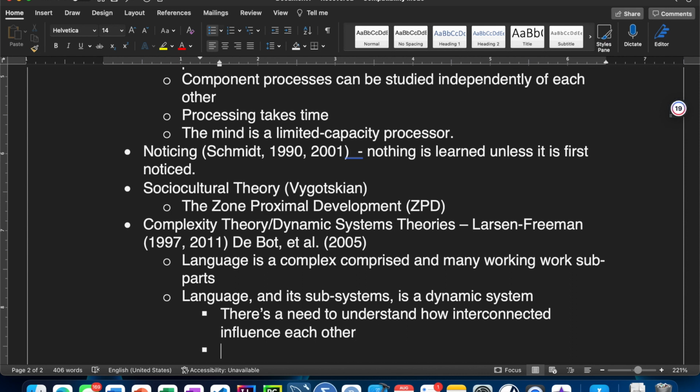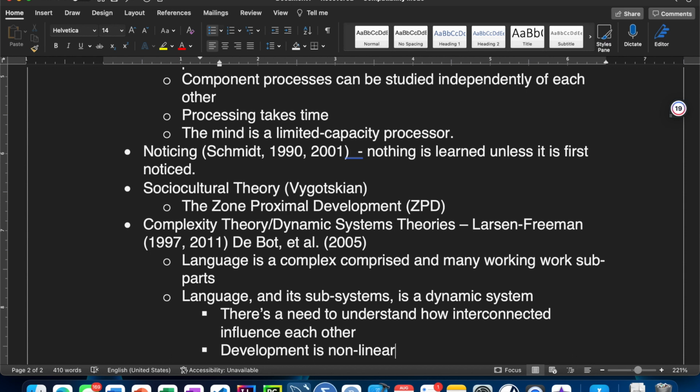A really important notion that we get from complexity theory and dynamic systems theory is this idea that development is nonlinear, right? So we talked about this a little bit during the first class, this idea that especially for interrupted learners, we may see language skill atrophy. But this is also true of non-interrupted learners, right?